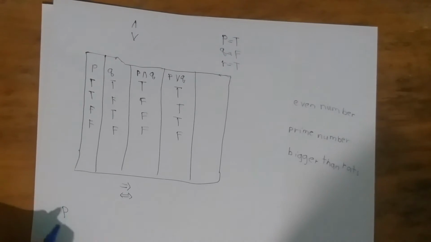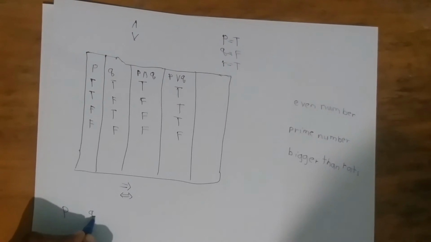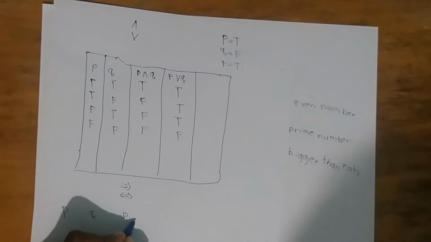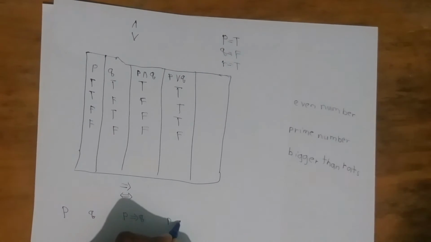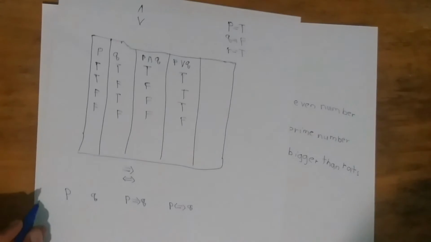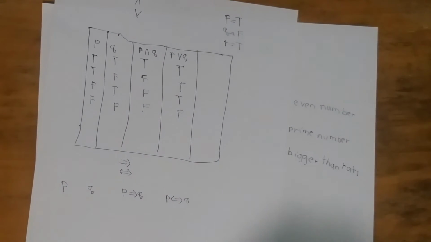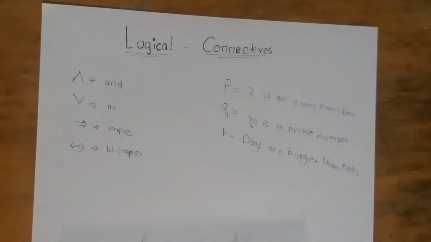P, Q, P implies Q, and P by-implies Q. We can use another table because we ran out of space here.